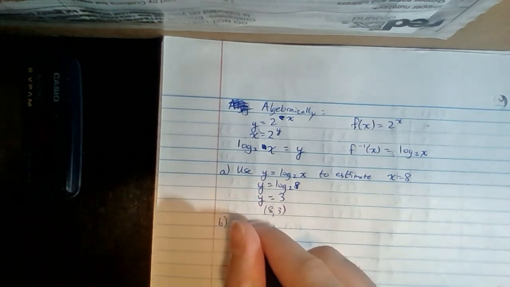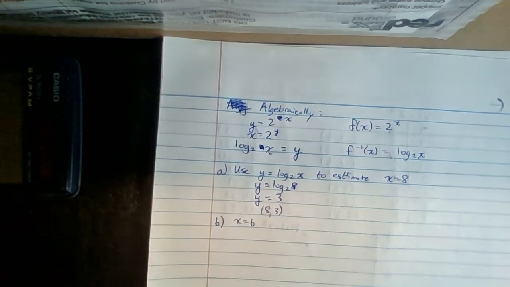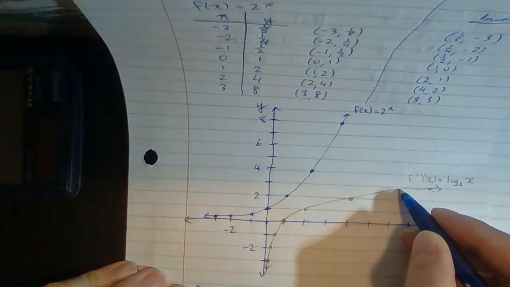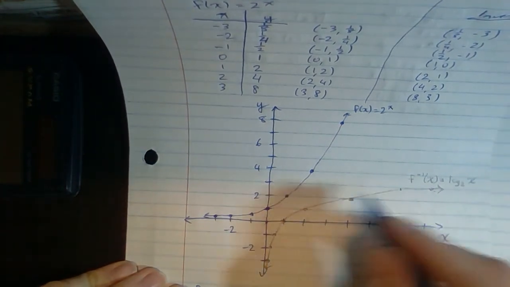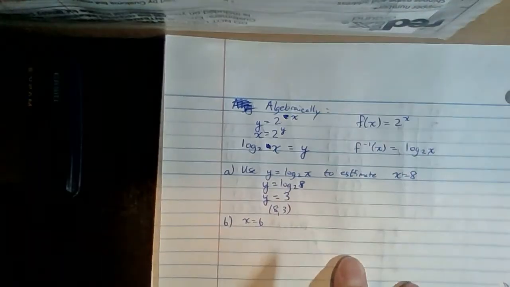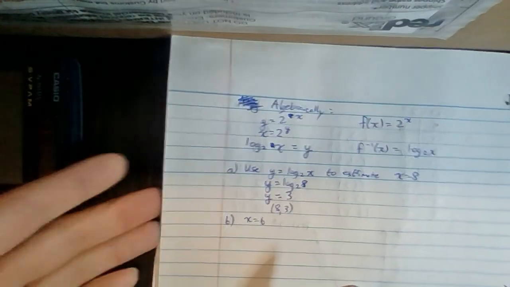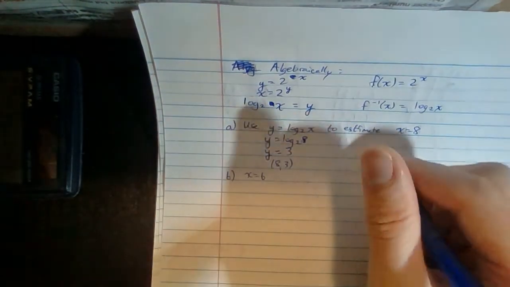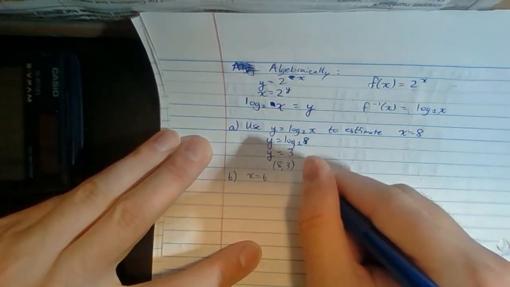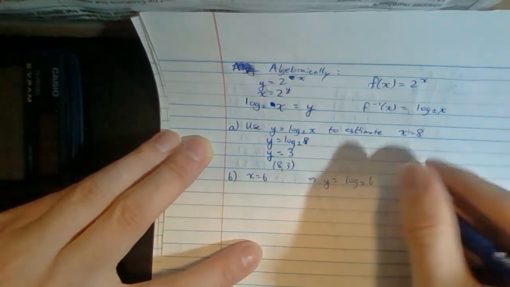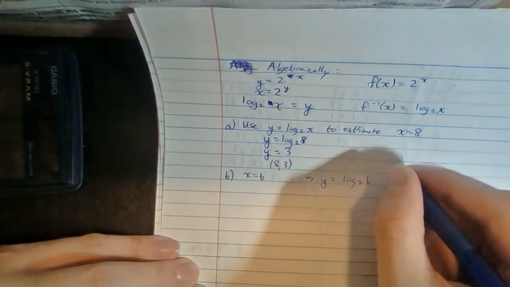B, we're doing the exact same thing, but for x equals 6. Let's go back. 1, 2, 3, 4, 5, 6. Somewhere up here. A little less than 3. In the notes, in a little bit better graph, it looks more like 2.6. It looks like maybe 2.8, 2.9.